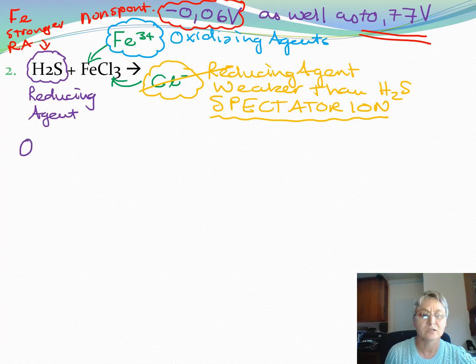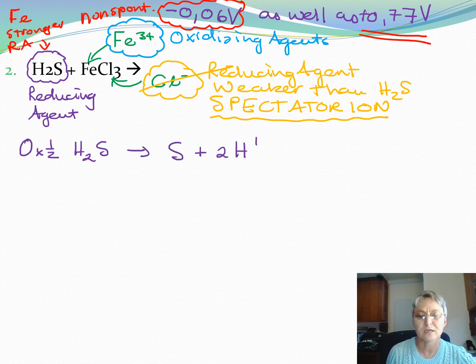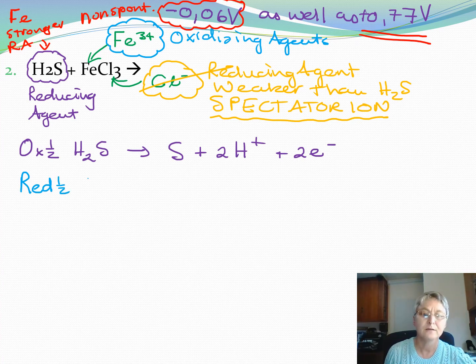So our oxidation half reaction would be the H2S changing to sulfur, 2 hydrogen ions, and giving off 2 electrons. The oxidizing agent, which will form the reduction half reaction, would take Fe3+, gaining 1 electron to make Fe2+.